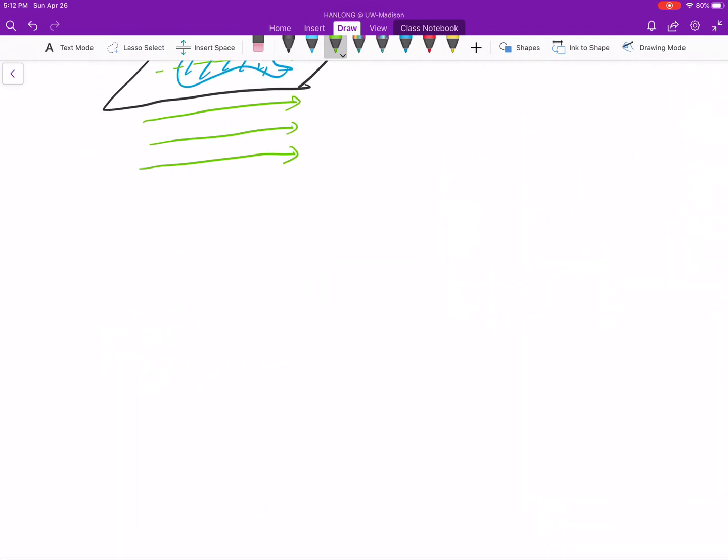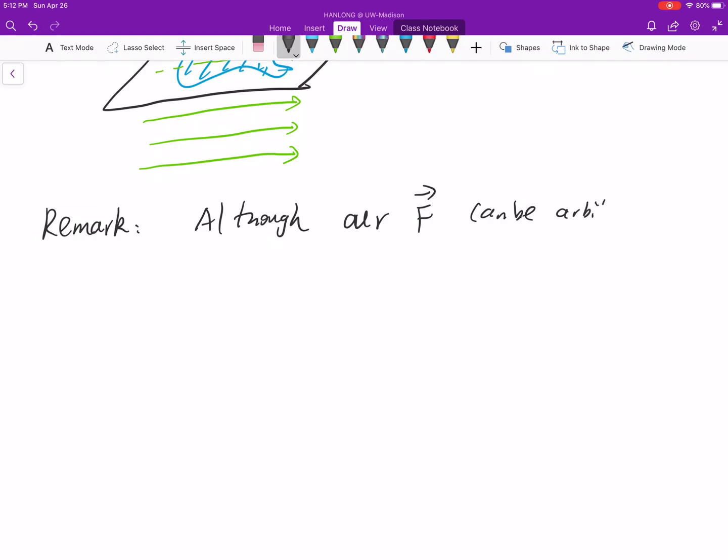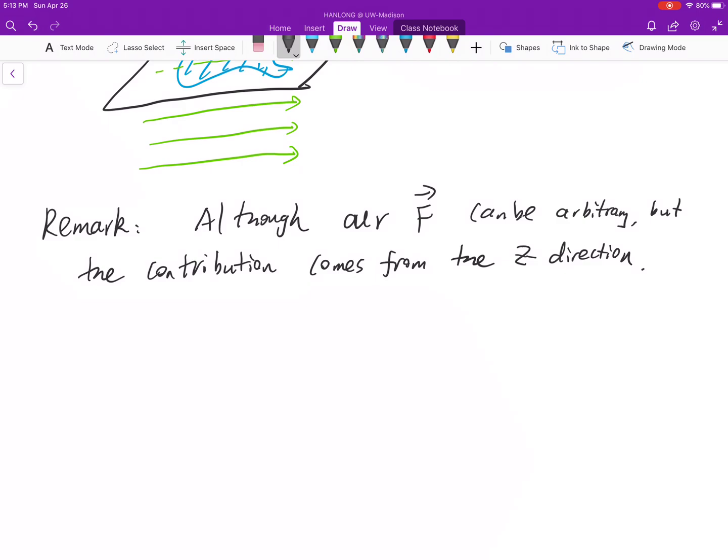So that indicates, remark, although our vector field F can be arbitrary, the contribution comes from the z direction in the above case.